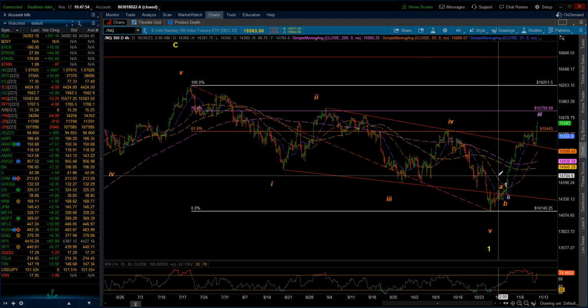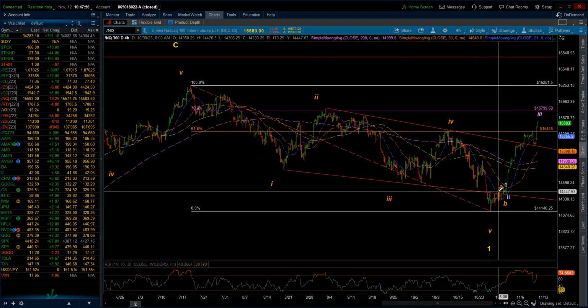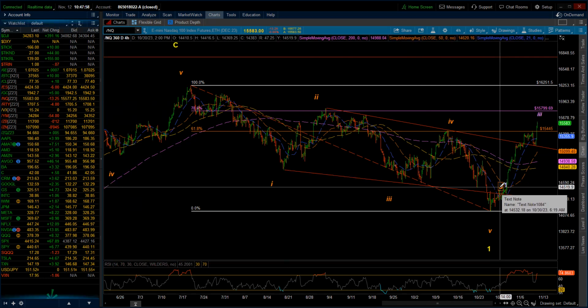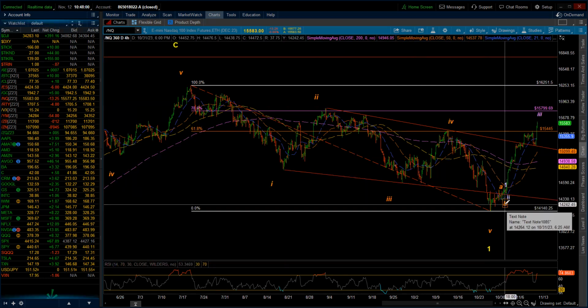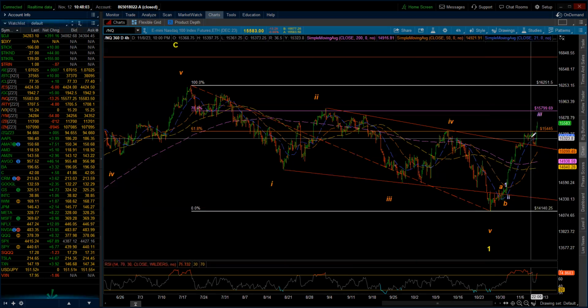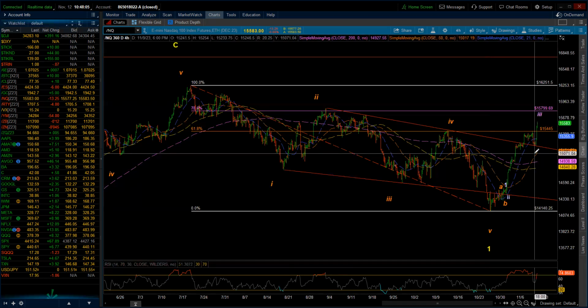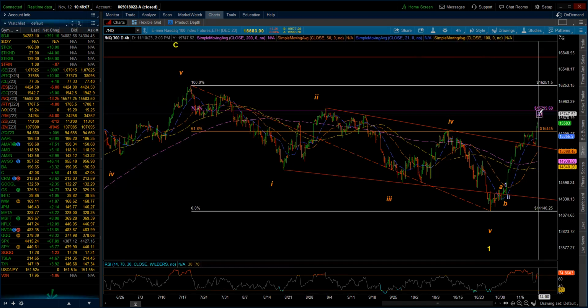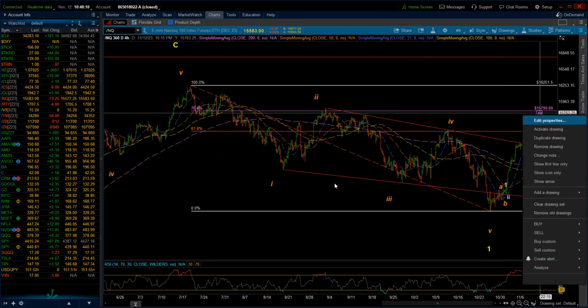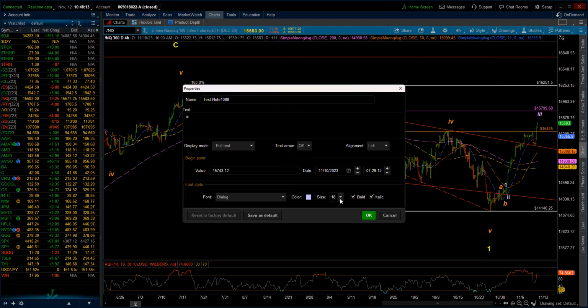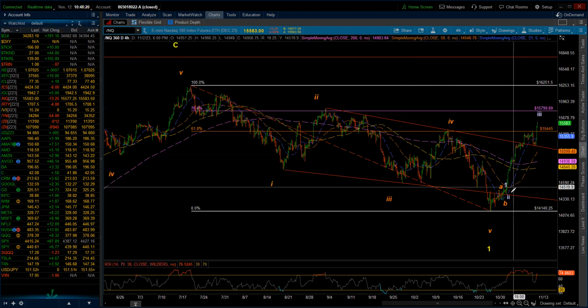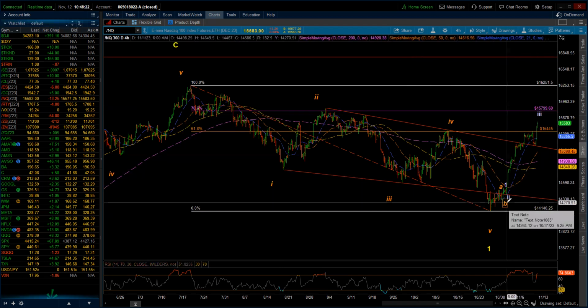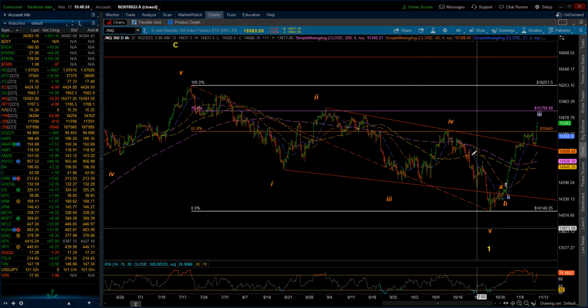Now here I am counting this as an AB. So I do believe that there's a very strong possibility that we may be finishing, and I need to change the color of this, minute wave 3 of minor wave C of intermediate wave 2.